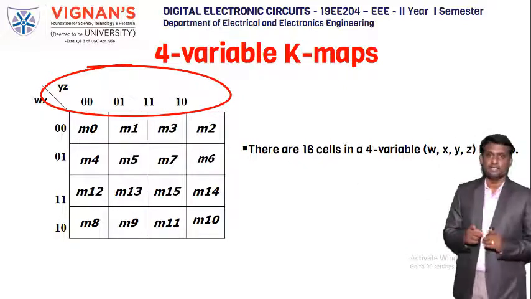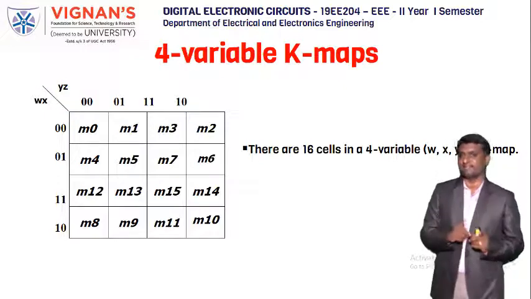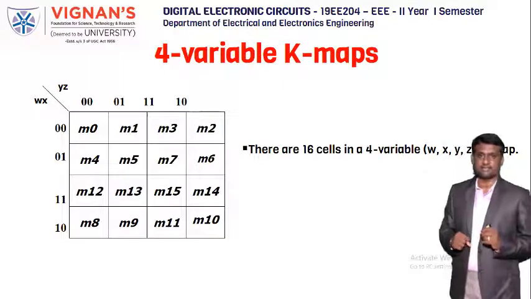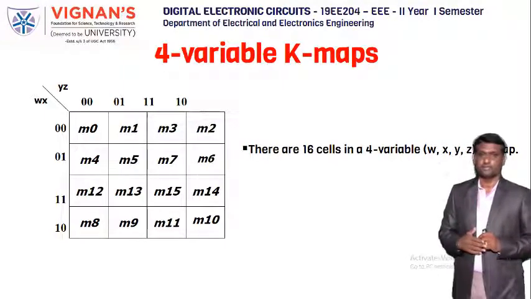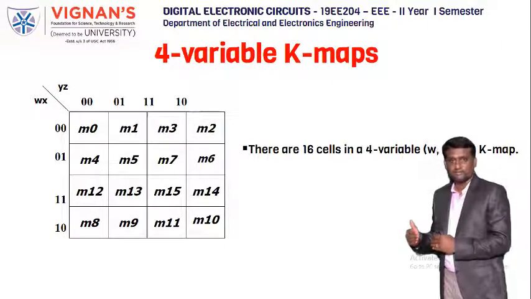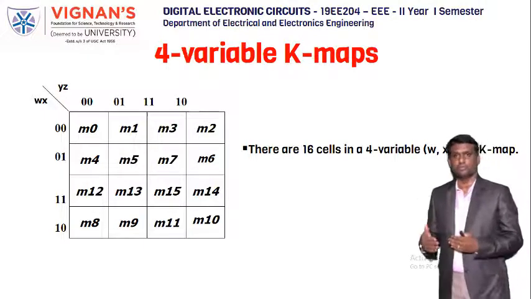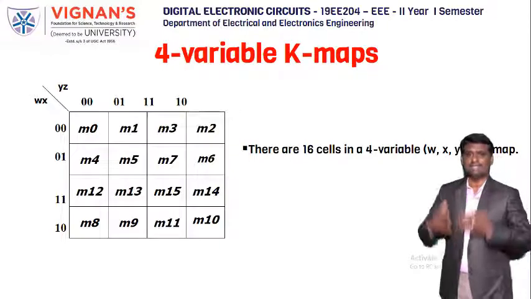If you observe, the bit difference between adjacent cells is 1. Such a representation is also called a Gray code representation. By combining the row variables and column variables, the respective decimal number is assigned to each cell.